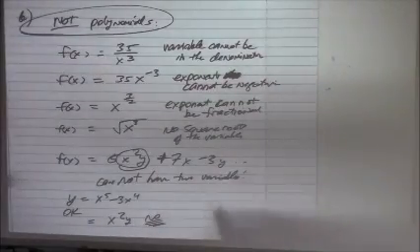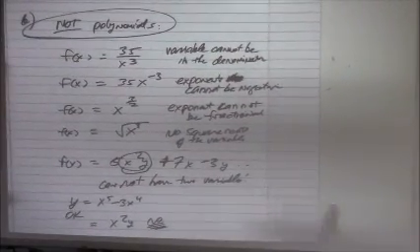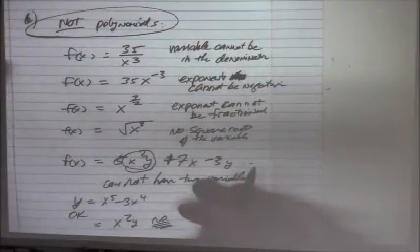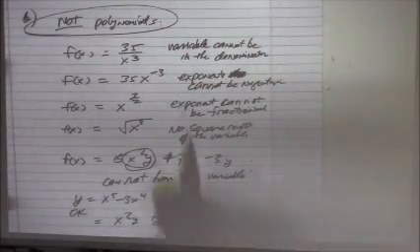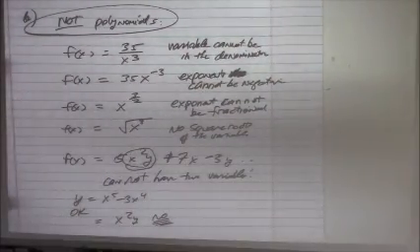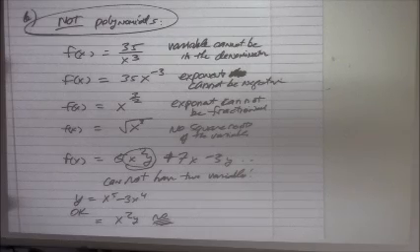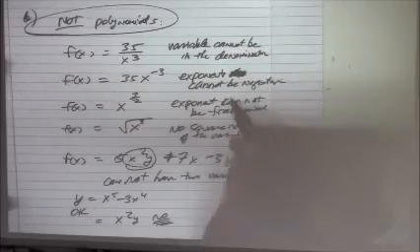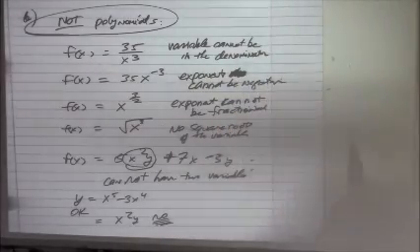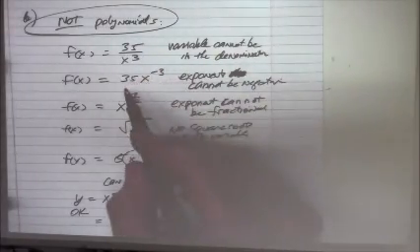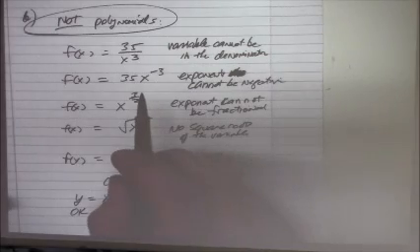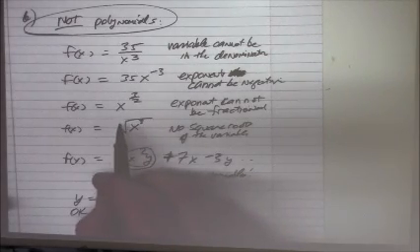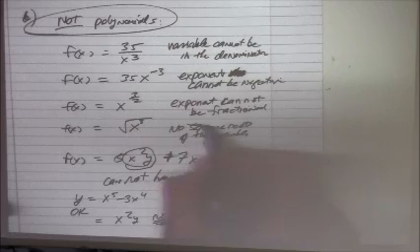Okay, so be aware of these things that are not polynomials and these types of reasons, so that if you have to identify some and say they are polynomials or are not polynomials, make sure you can say why it's not a polynomial. Can't be in the denominator, can't have a negative exponent, can't have a fractional exponent, can't have any roots, square roots or others, so I shouldn't say square roots.